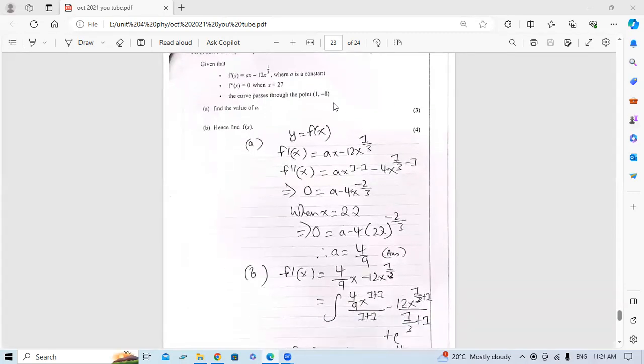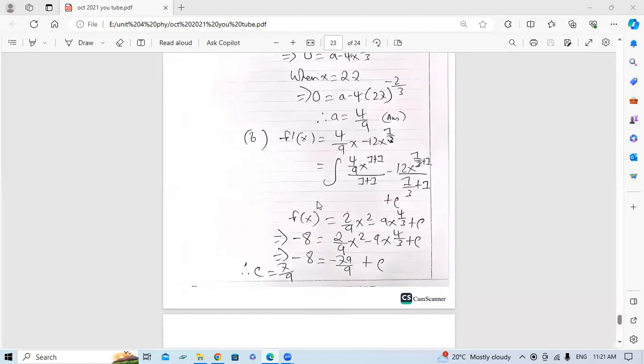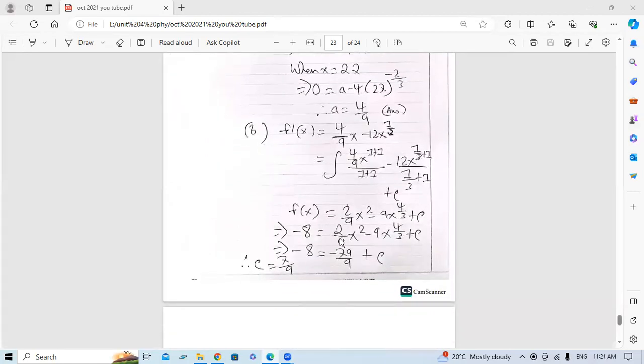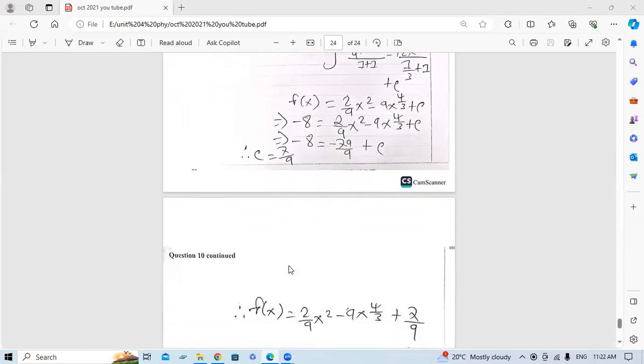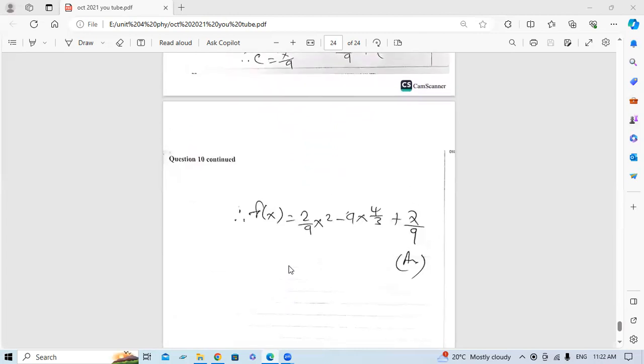We can use the coordinates (1, minus 8) over here to find f(x). Minus 8 equals 2 by 9 x square minus 9x to the power 4 by 3 plus c, and the c value will be 7 by 9. At the end, we can write the main answer as f(x) equals 2 by 9 x square minus 9x to the power 4 by 3 plus 7 by 9.